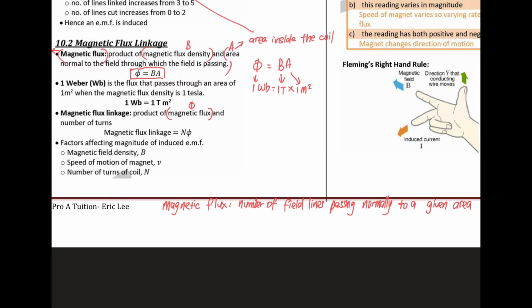So that is where we have the magnetic flux linkage. This is the magnetic flux which induces a current in the coil.